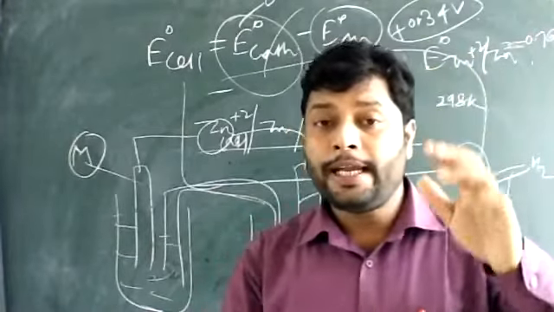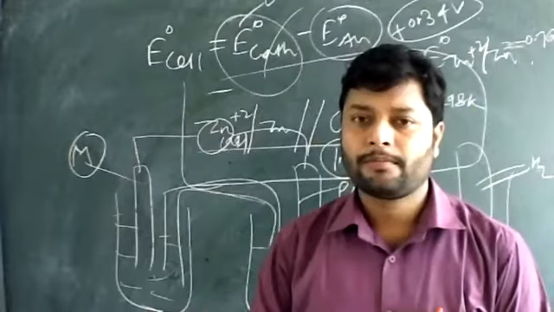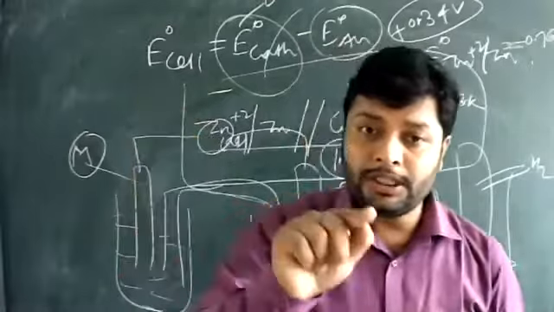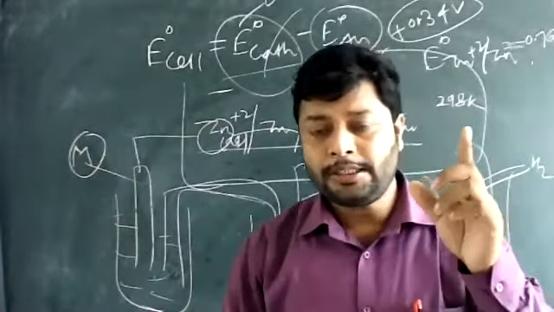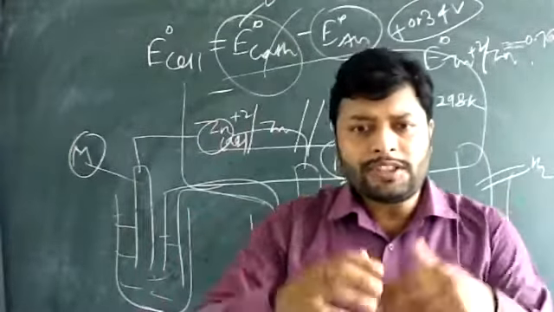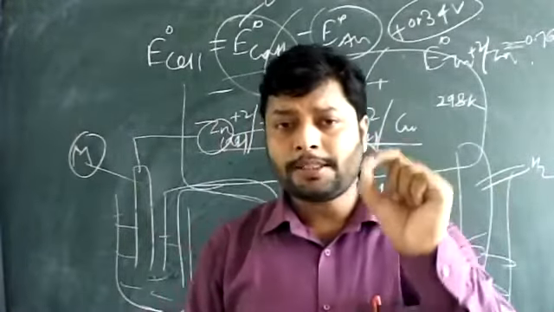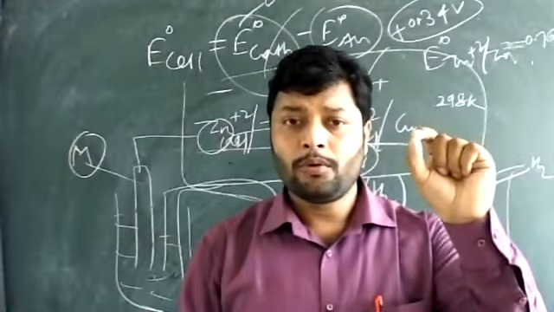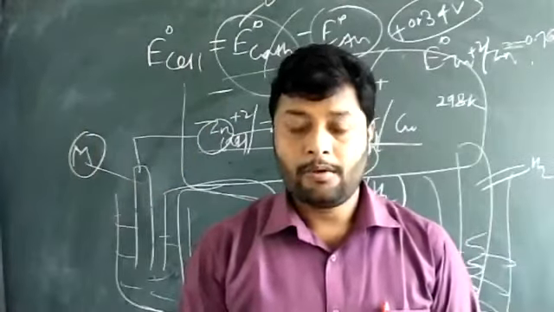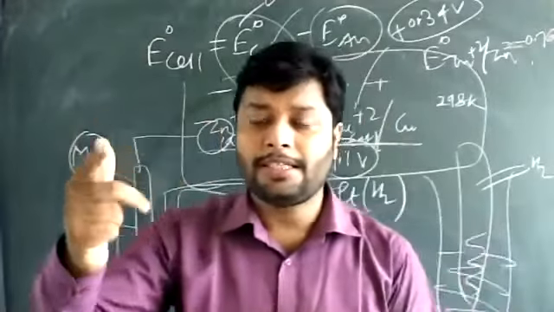At cathode, there is reduction. At anode, there is oxidation. So the substance going for oxidation is termed as reducing agent. The substance going for reduction is termed as oxidizing agent. So simply we can tell, higher reduction potential value will act as oxidizing agent.